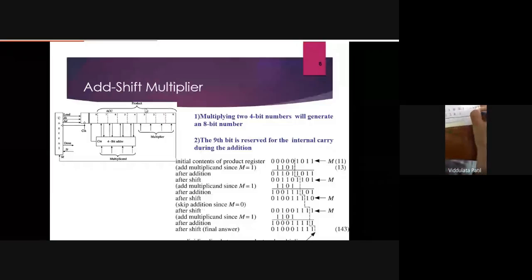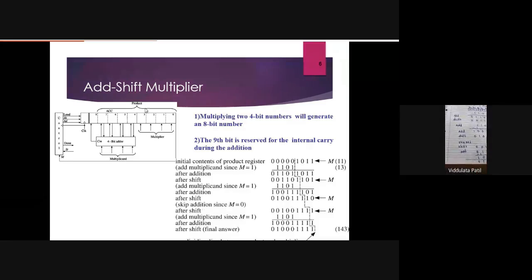Okay, so the addition will be carried out bit by bit, with carries. So you will get the number 1 0 0 1 1 1 1 1 1. Okay, so shift this number. So you will get 1 0 0 0 1 1 1 1.